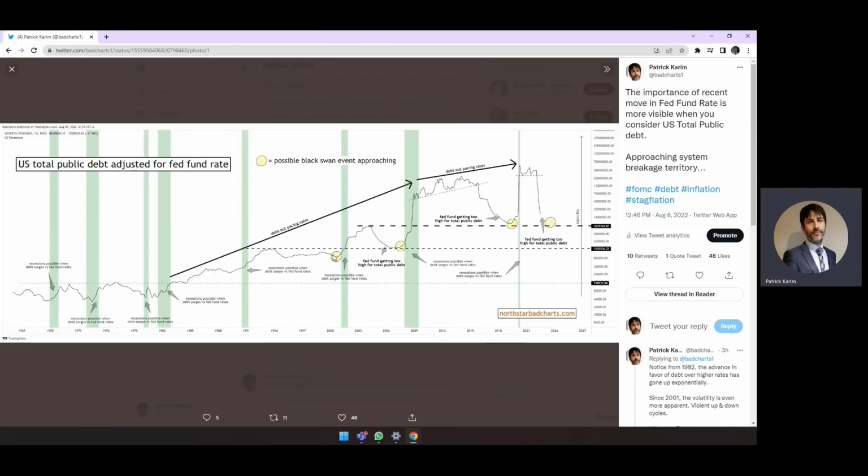So here we have it right here in 2000, 2001, it goes up. Now even more volatility, we're going back down to the swell, previous resistance turned support. And just as that started turning back up, that hard move down. So that means the Fed fund getting too high for total public debt, because the Fed fund cannot outperform the total public debt too much, right?